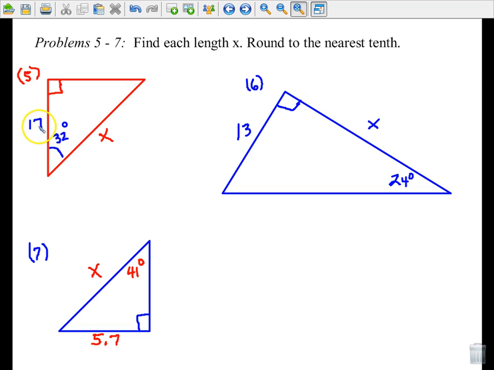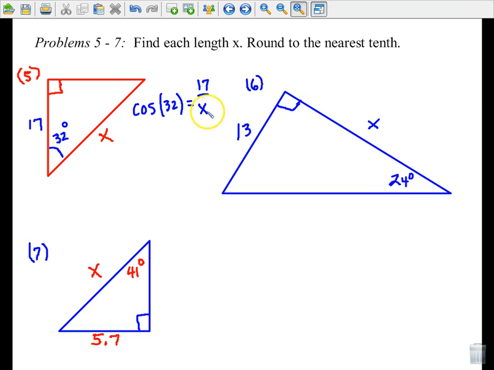So think about the trig ratio that involves adjacent and hypotenuse, and hopefully you came up with cosine. So cosine 32 is equal to adjacent over the hypotenuse, which is what we're trying to find. It's unknown at this point.